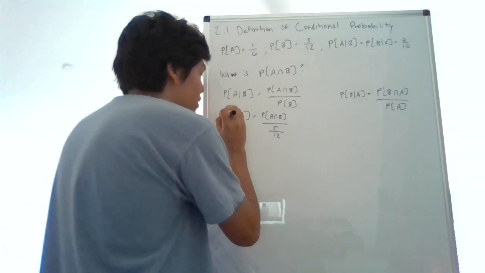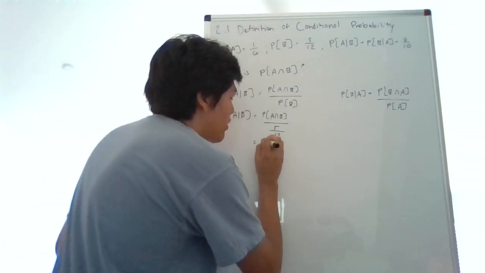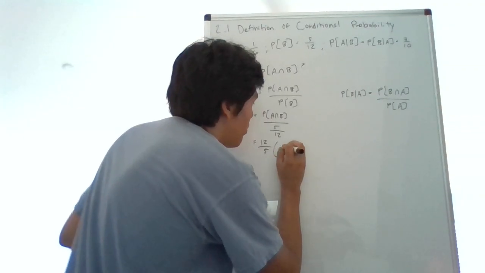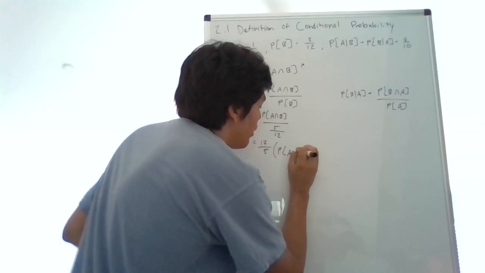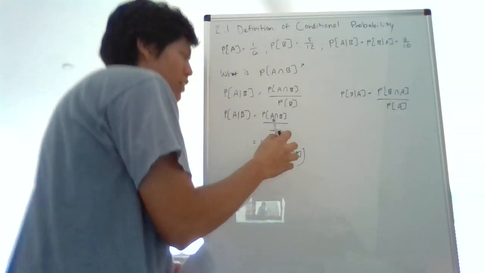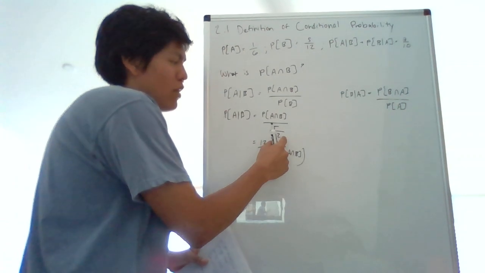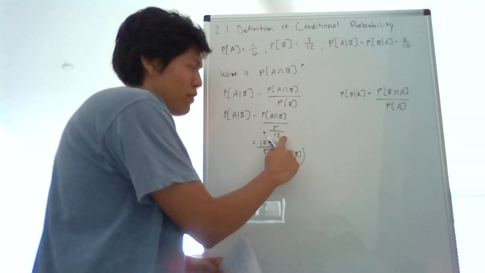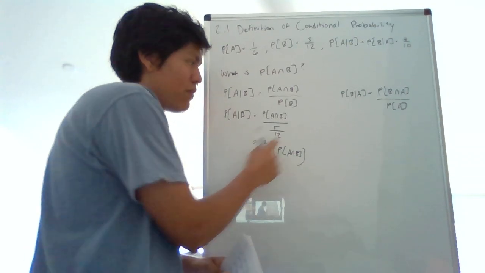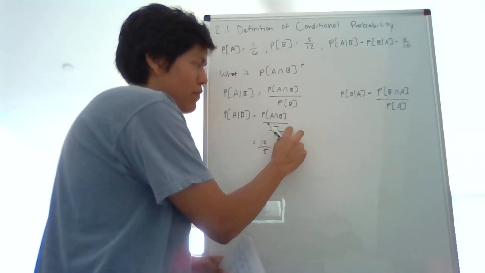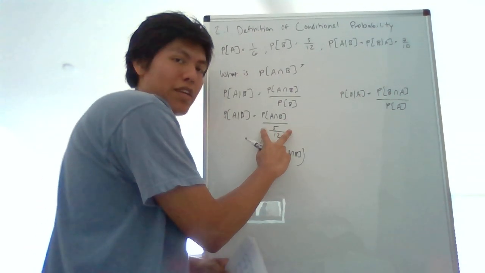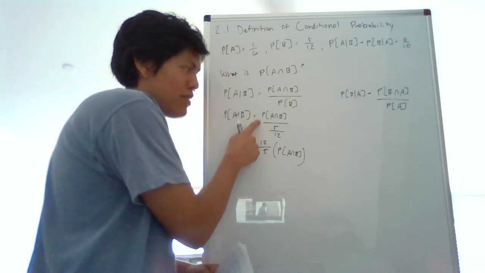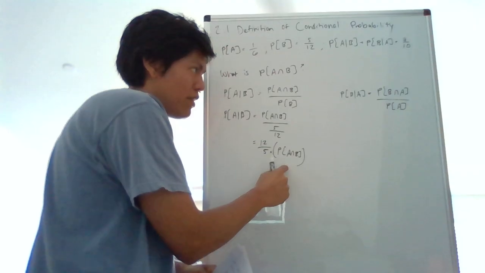And this can be rewritten as 12 over 5 times the probability of A intersect B, right? All I did was take the reciprocal of 5 over 12, which is 12 over 5. That way, instead of dividing, we can multiply these together. So this is the same thing as this.